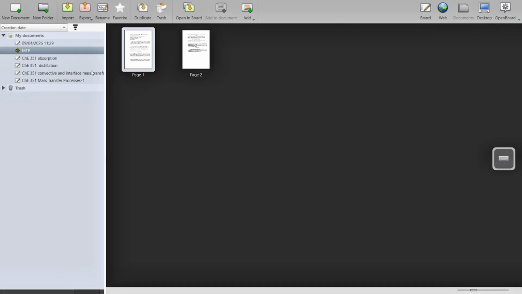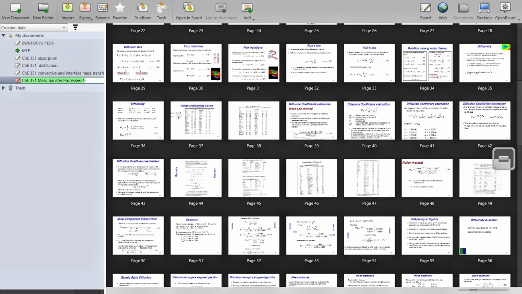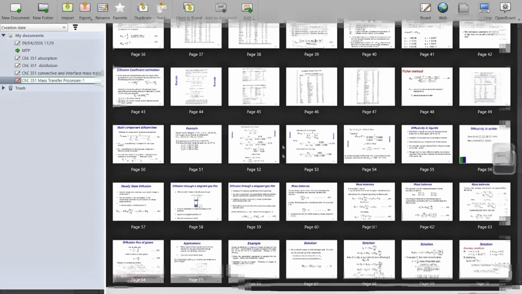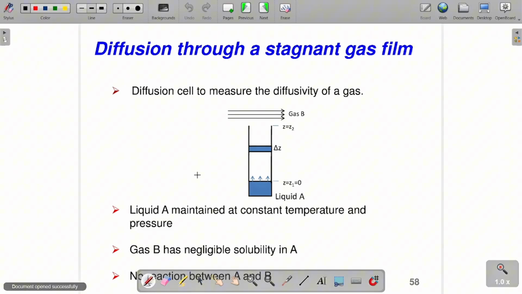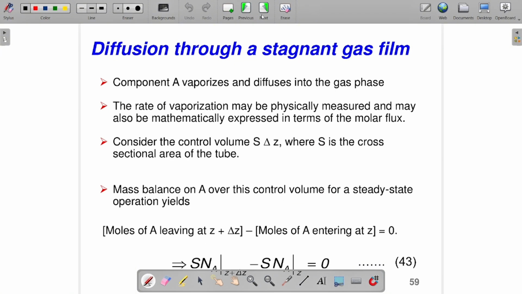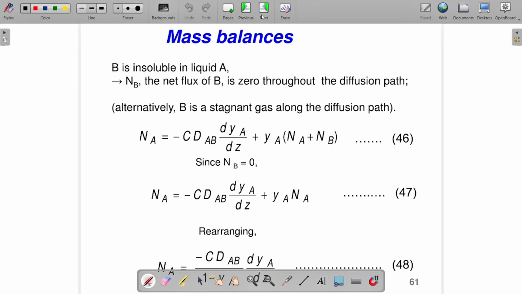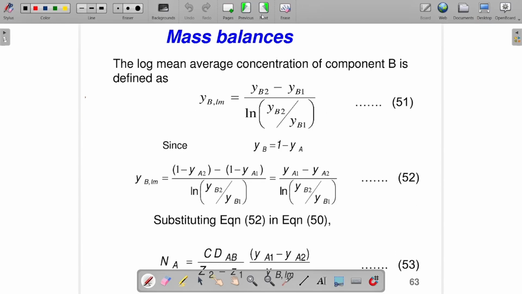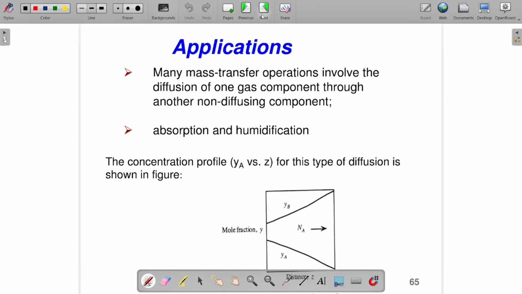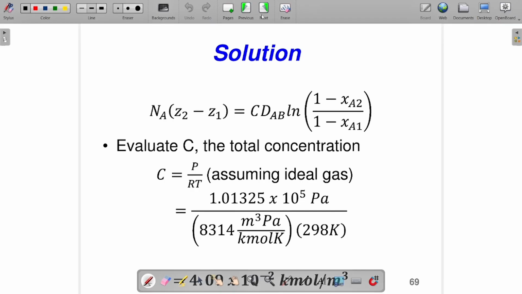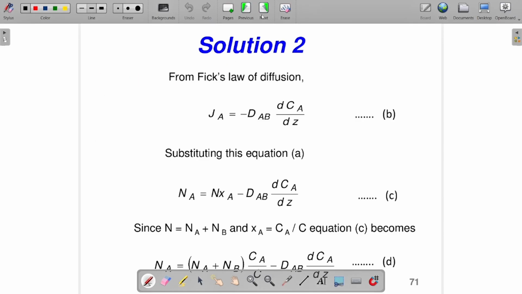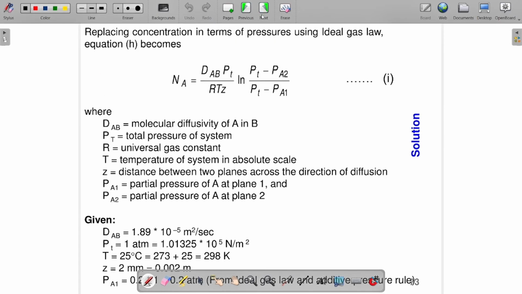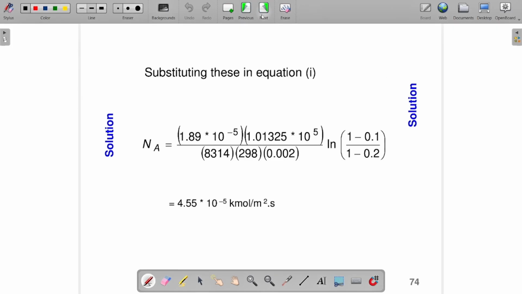Let's go back here and see something. This is what I was talking about. When you have a stagnant film, the one we talked about when B was non-diffusing, you can also have diffusivity in liquids, which you can also evaluate.